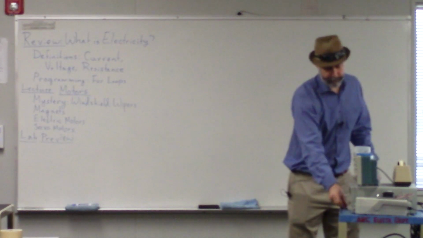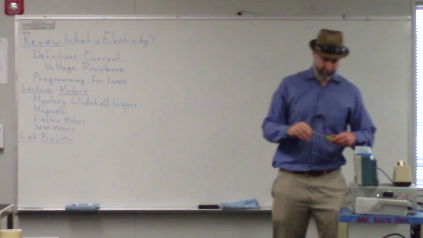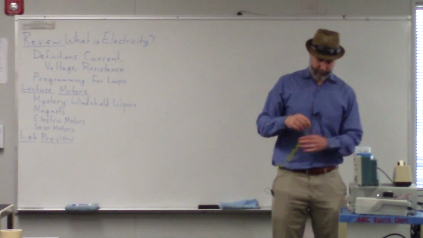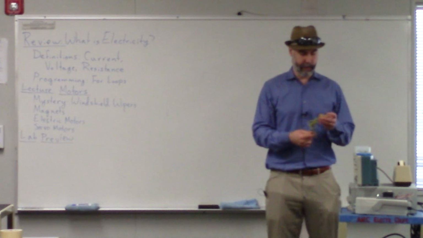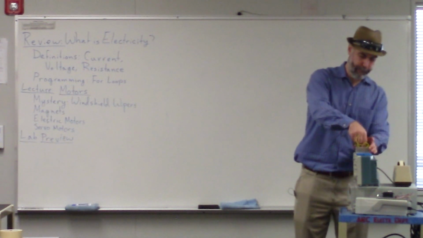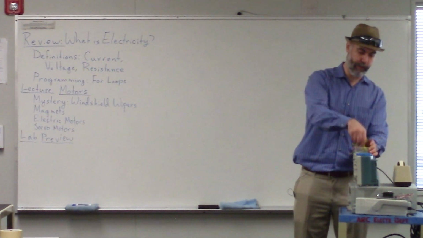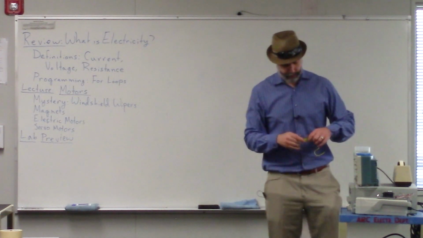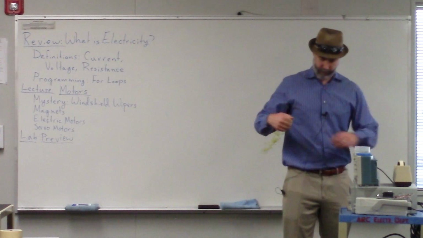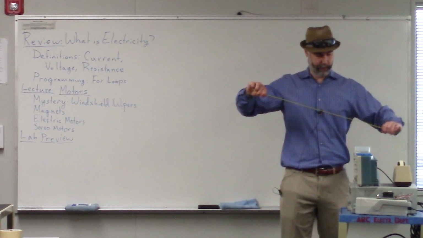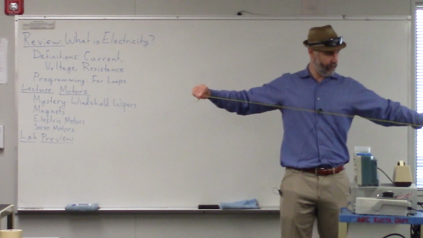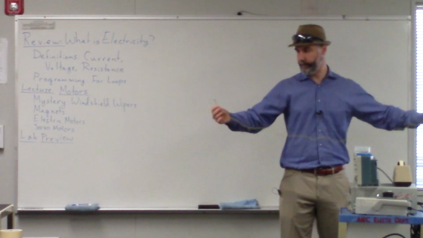strongly magnetic. The other thing I have here is a long piece of wire. Again, there's nothing fancy about this wire. It's just regular wire. If I touch it to the paper clips, it doesn't pick up any paper clips. It's just a long coiled up piece of wire here, and now it's a long straighter piece of wire.